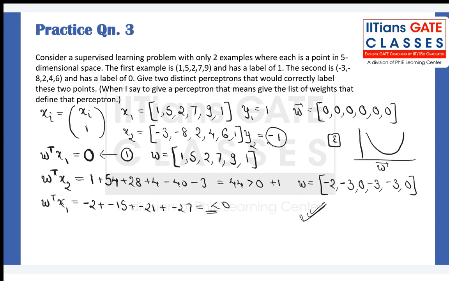Your W is initially here, you are incrementing by x, so you went here, then decrementing by x, so you went here, incrementing, decrementing, and you are never reaching the point. So what you can do is take a smaller jump, go here, take another smaller jump, go here. That is why your learning rate is important, but we will learn that later, don't worry about that. But this is what it is.